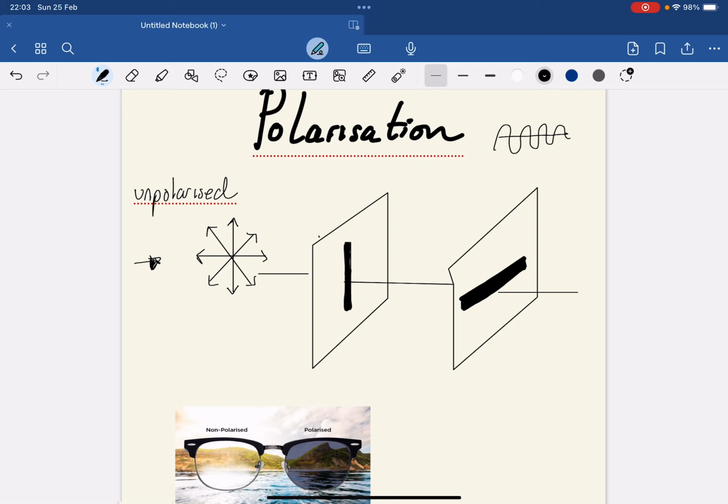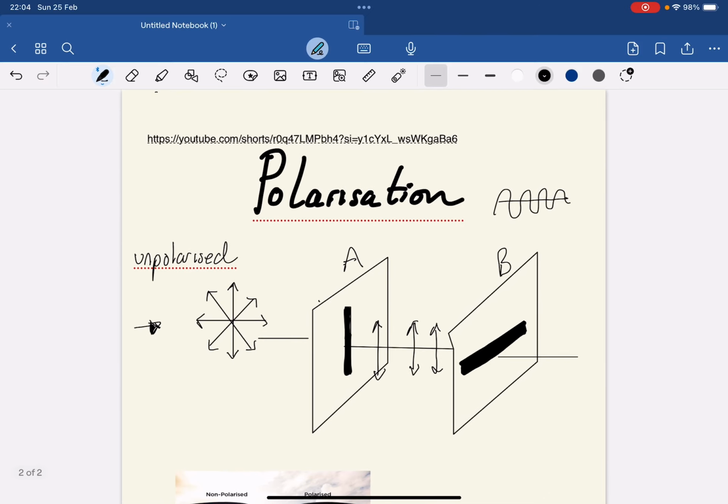And you can see once it gets through filter A, only the light that has the vertical component will pass through. The horizontal component is absorbed. Now, when this light gets to plane B, no light will get through. It is all absorbed because there's no light that has the horizontal component.